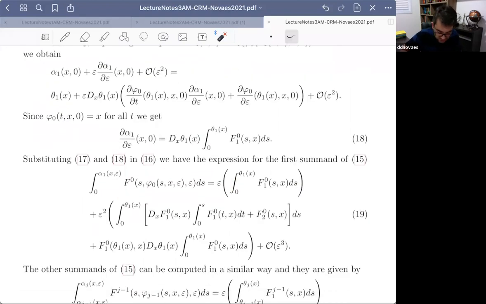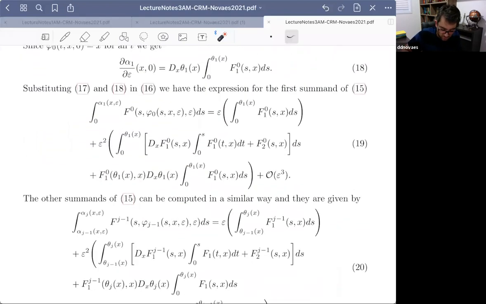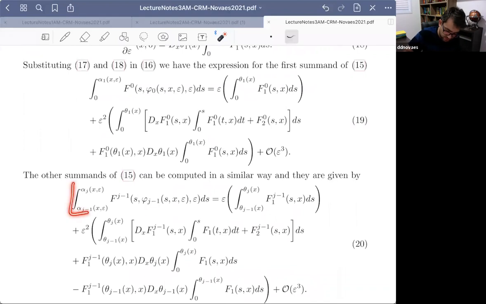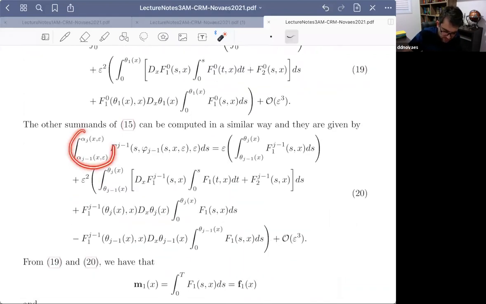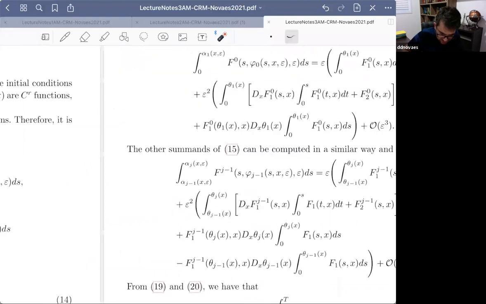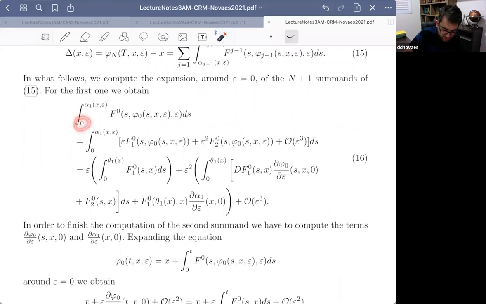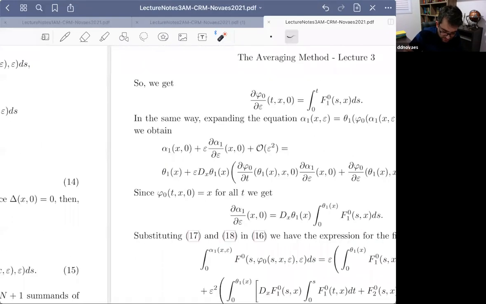Repeating this procedure for the other integrals, here it's a little bit different, because in the previous case the lower extremum didn't depend on epsilon, but here it does.